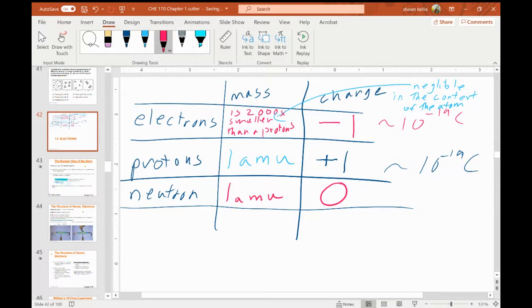Therefore, we refer to a neutron as having no charge, and a neutron has a mass approximately equal to that of a proton. They're not equal in reality.